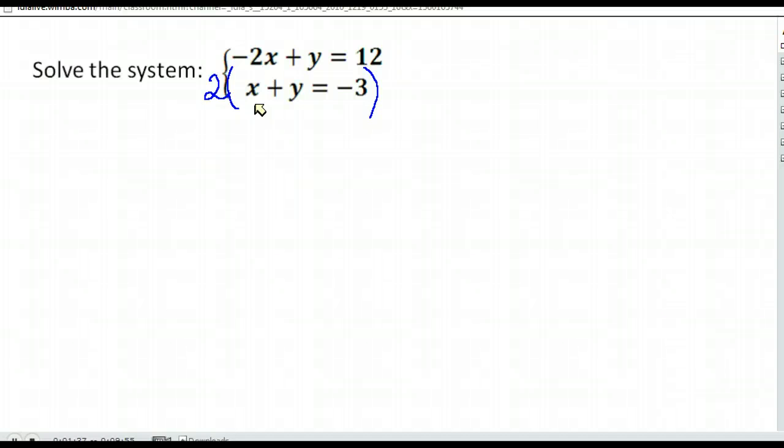As long as I multiply the whole thing, I'm not breaking any mathematical rules, because I'm multiplying both sides of the equation by the same number. So when I do that, I get 2x plus 2y equals negative 6. Do not forget to multiply this number on the other side, or it will mess you up awfully bad.